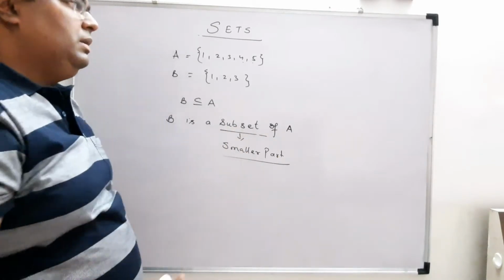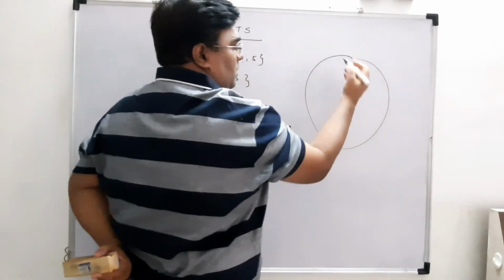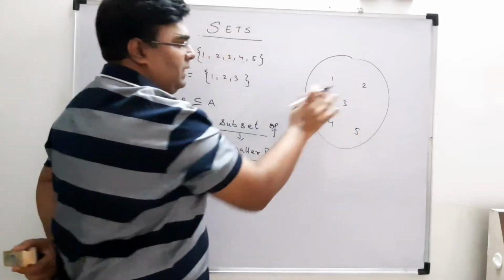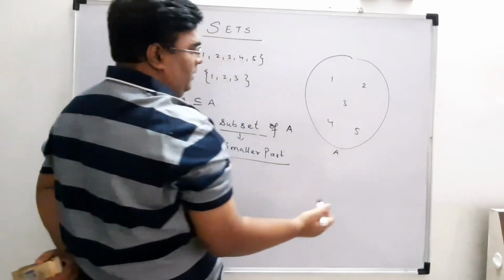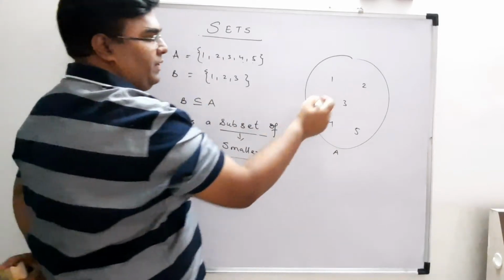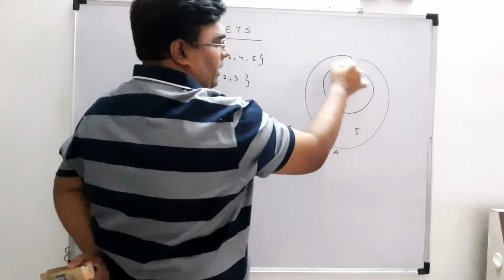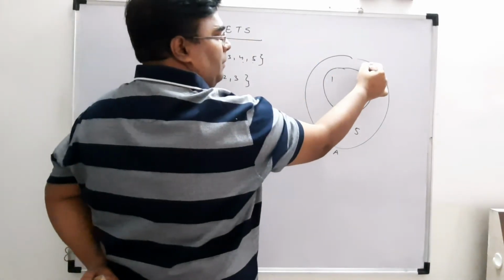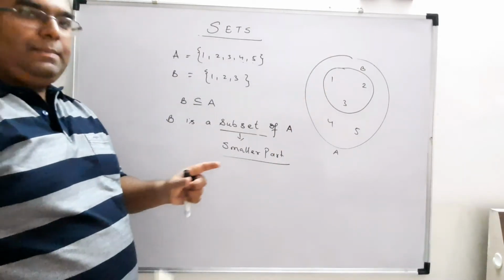So if you represent any set, suppose this is my set A with elements 1, 2, and set B is 1, 2, 3. We can draw another circle or oval inside this circle, and we can call it B. So this is how we represent our subsets.